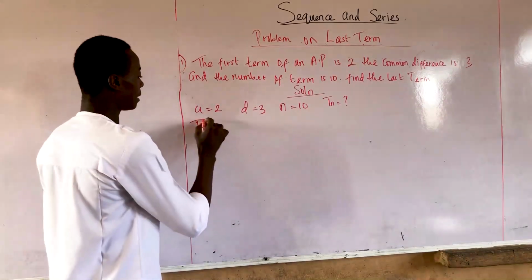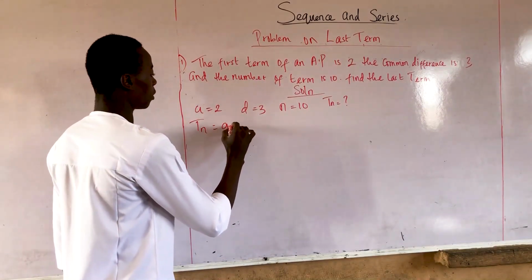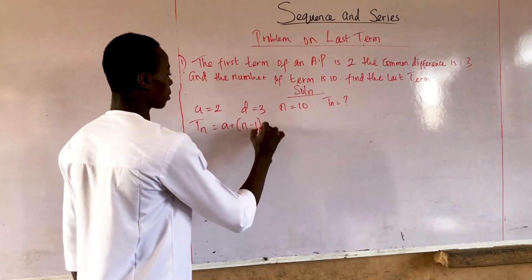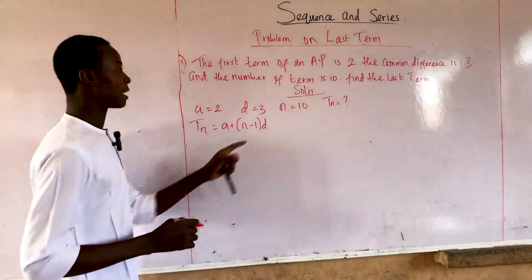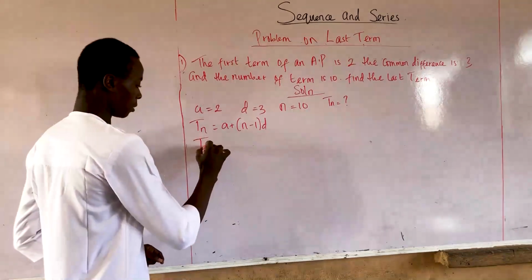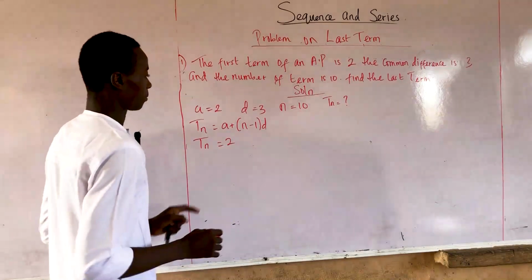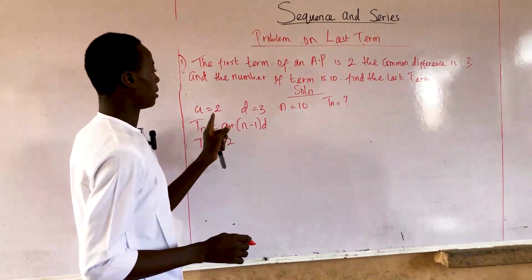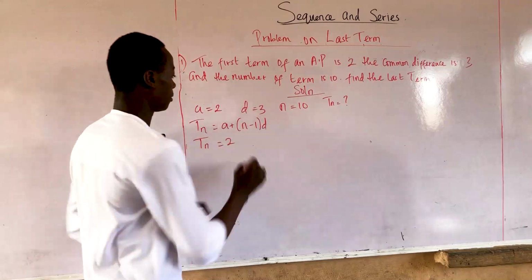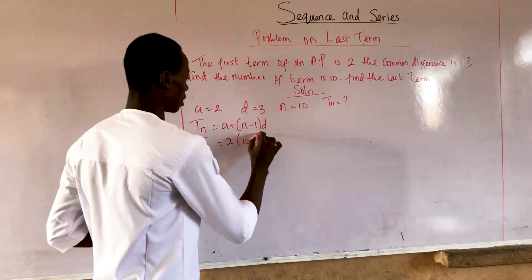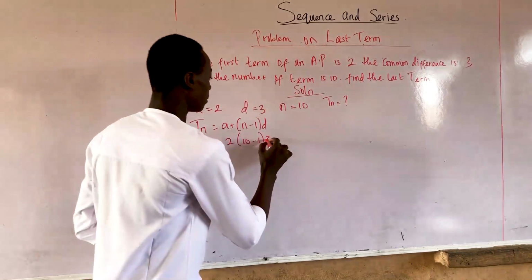From the formula, Tn equals A plus (n minus 1) D. We are looking for Tn, which is the last term. Our A is 2, our n is 10, so we have 10 minus 1, and our D is 3.